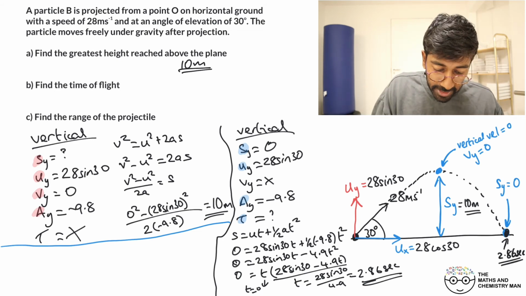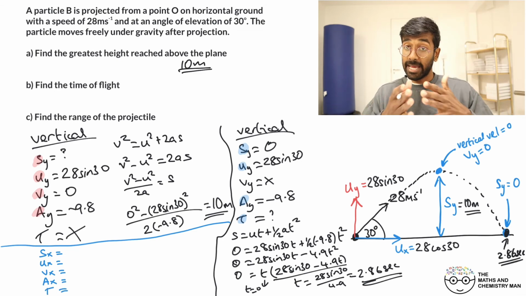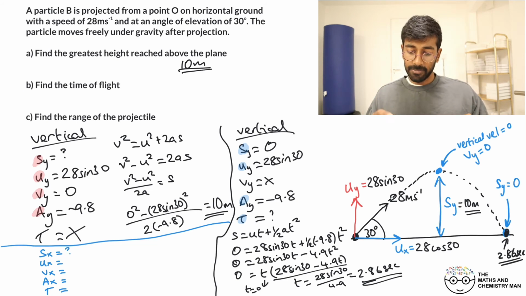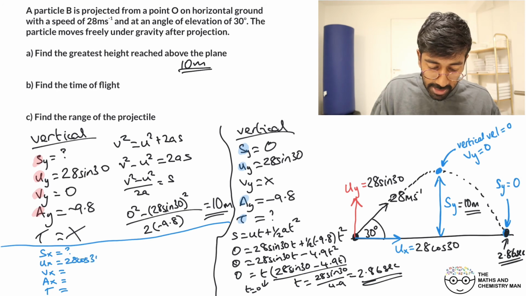So we need s of x, u of x, v of x, a of x, and then t. Now, we're looking for s of x, so how far it's gone in the horizontal direction, so I put a question mark there. U of x, we already worked that out. That was 28 cos 30.